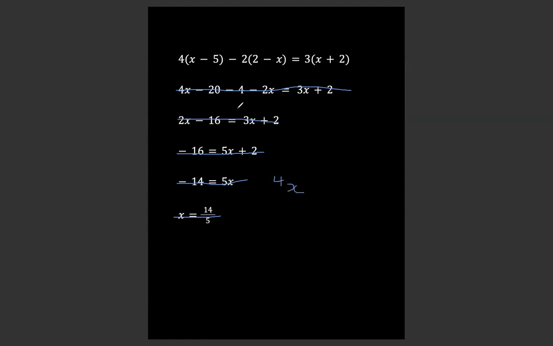And when you have a -5 multiplied by a +4, you get -20. Okay, first one done. Now, -2 multiplied by a +2 is equal to -4.